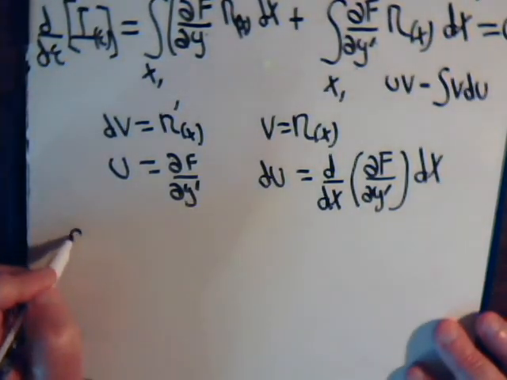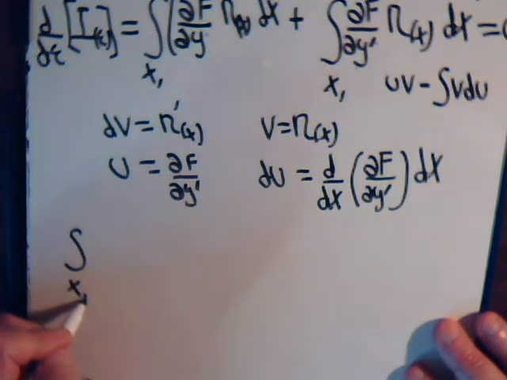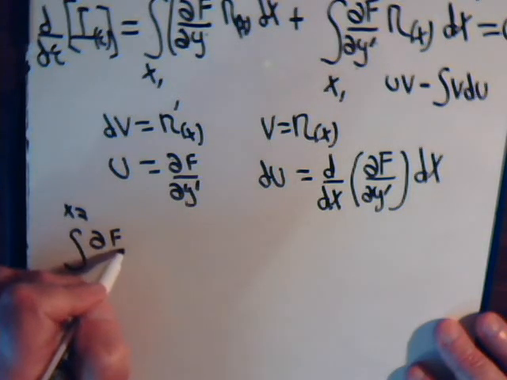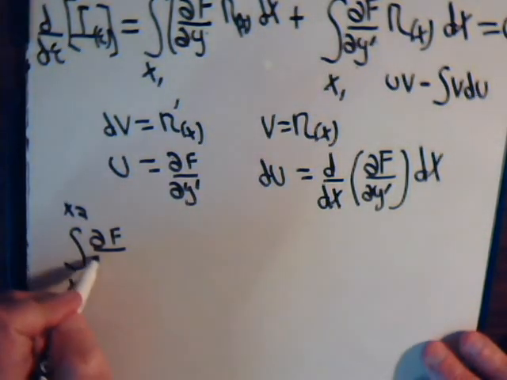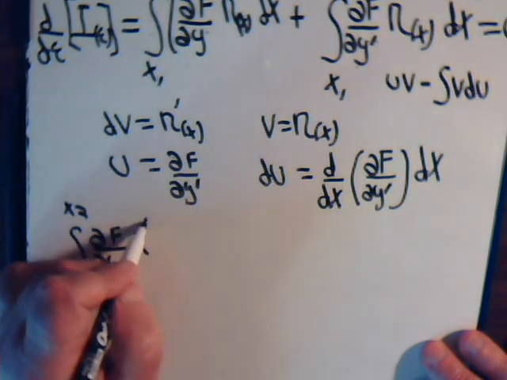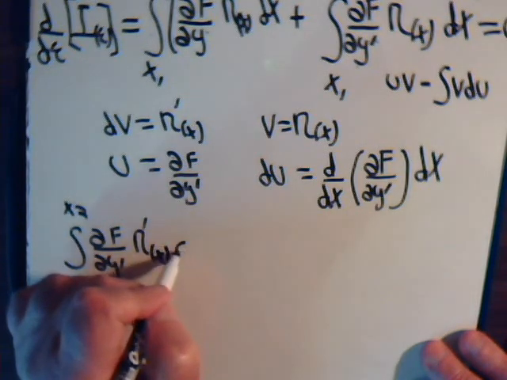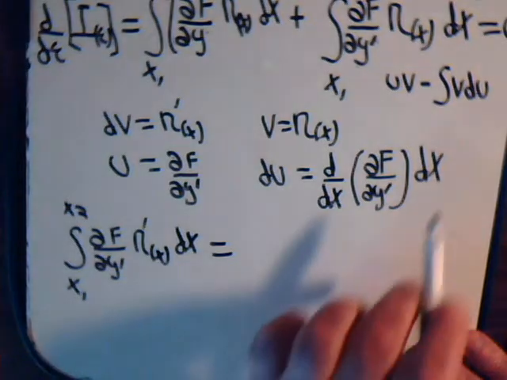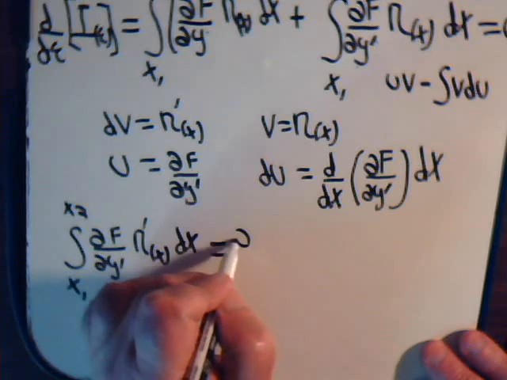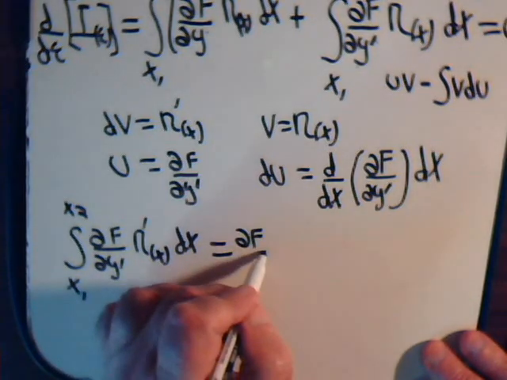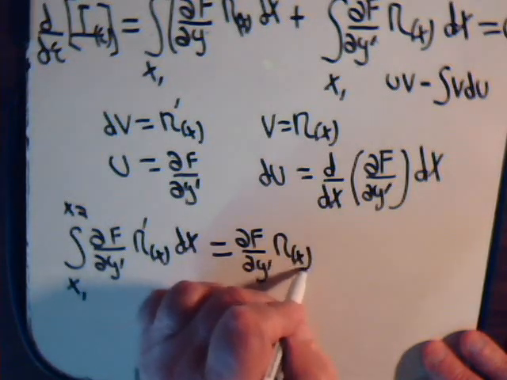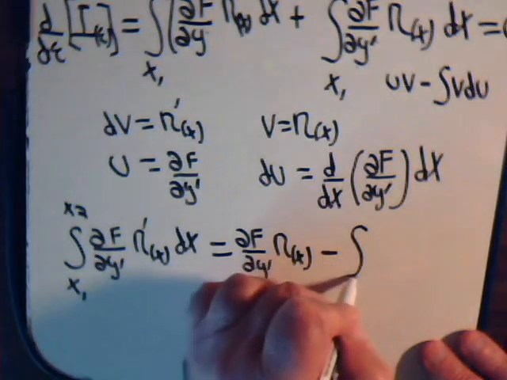We have this integral x1 to x2, the partial of f with respect to y prime, nu prime of x dx will equal u times v. This is u and this is v, so we have the partial of f with respect to y prime times nu of x minus this integral.